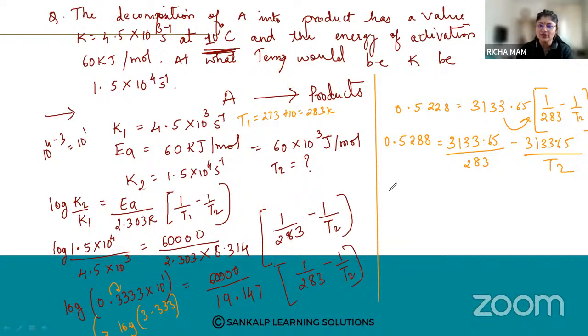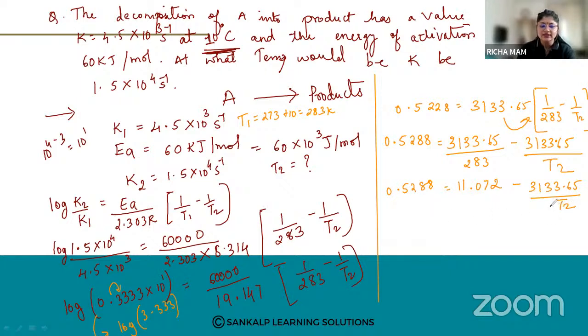Now find the value. 0.5228. Now 3133.65 divided by 283, I've got it as 11.072 minus 3133.65 divided by T2.